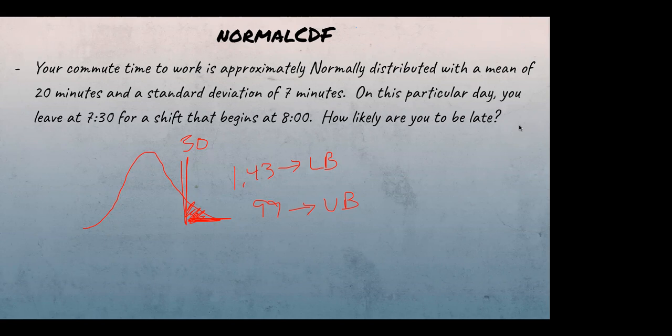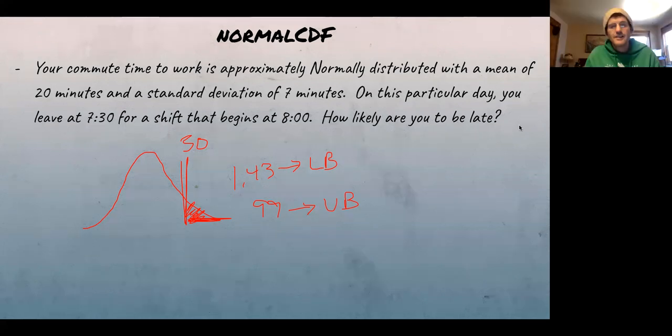So I have my data as the bottom one is the 1.4285714, and then the upper is 99, and then the mean is 20, and then the standard deviation is 7, and I still get 0.99. Okay, that's it. Your mean and standard deviation are always 0 and 1 and that's a good thing.